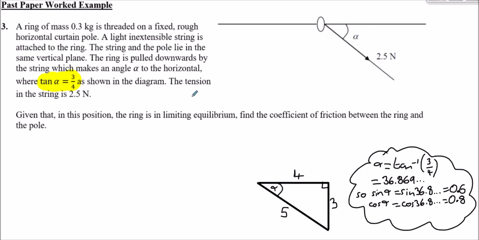We can then go forward and tackle this question. Now, it says the ring is in limiting equilibrium, and that means friction is at the maximum. Friction is F max, and like I mentioned, you need to know about chapter 5. So F max is going to be mu N, where mu is the coefficient of friction.